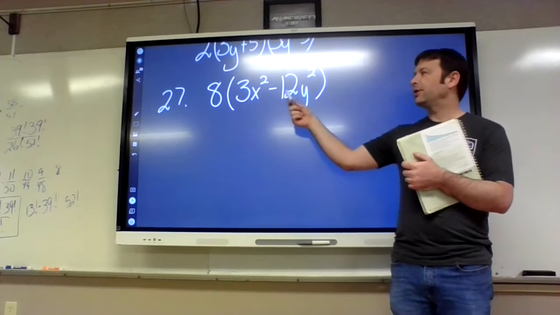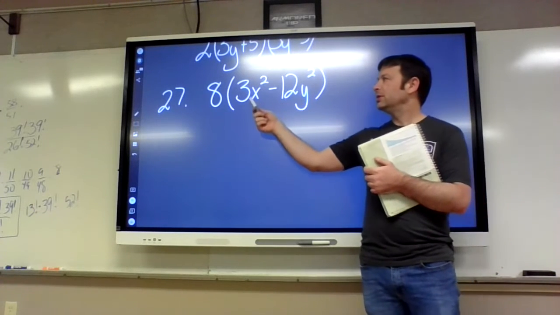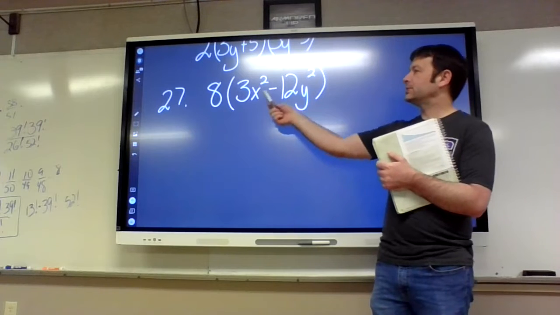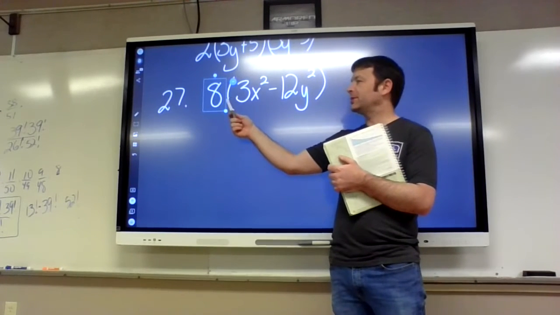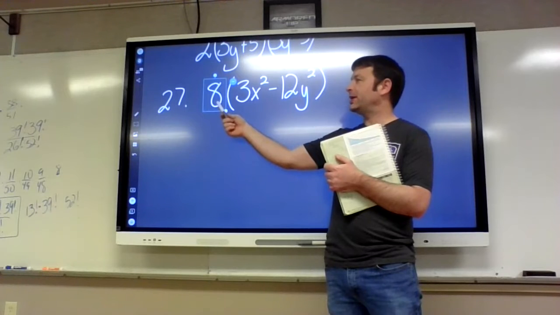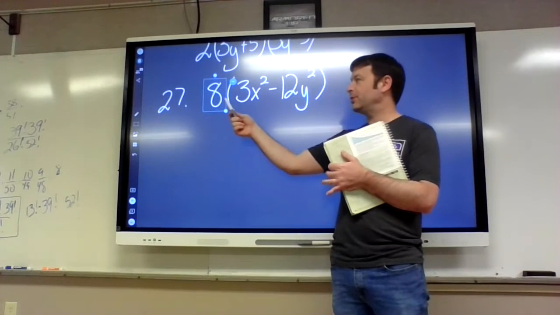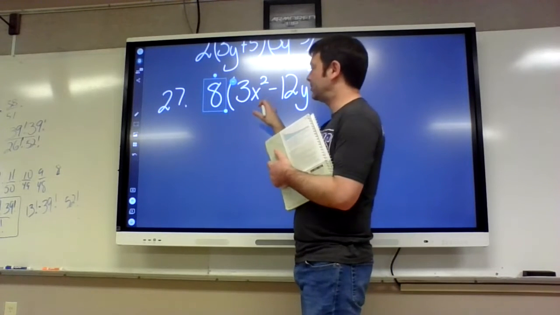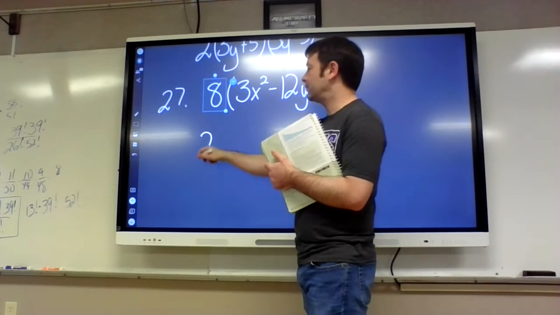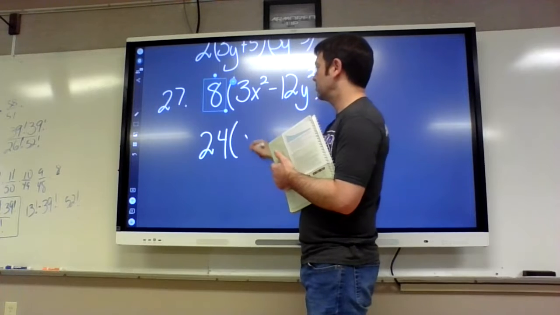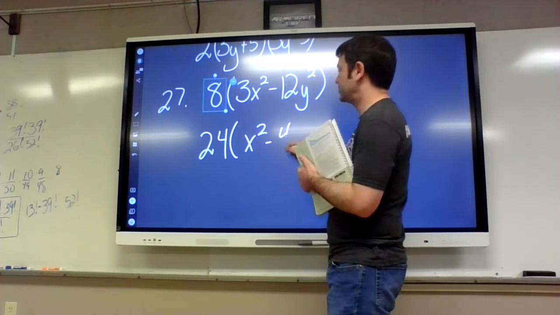Oh yeah. A 3. Not x or y. So if we can take a 3 out still, that means originally we could have taken out 8 times 3, 24. But that's okay. We can still take the 3 out now. Now that we take the 3 out, the 8 becomes a 24, because 8 times 3.